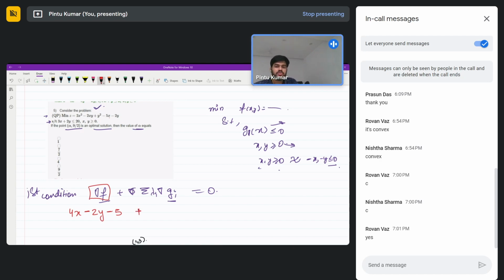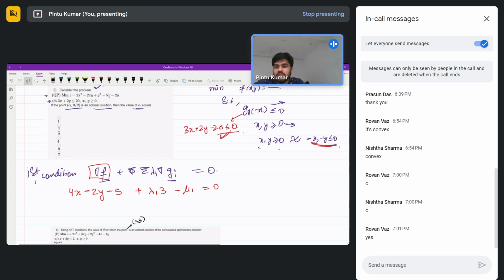Plus, now I'm coming to the constraint part. So this is lambda 1 into 3. This constraint has become 3x plus 2y minus 20 is less than or equal to 0, right? And you have one more with respect to mu1. I'm using mu1 and mu2 for these two conditions because they are different from our usual constraints, so I'm using new variables so that we remember what variables we have.